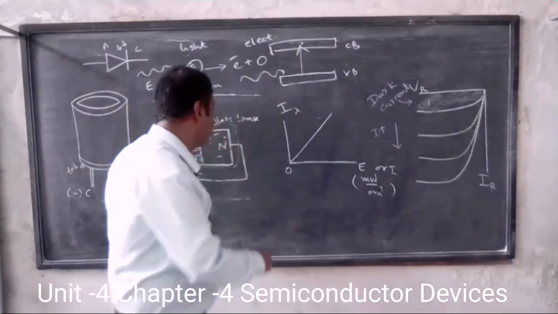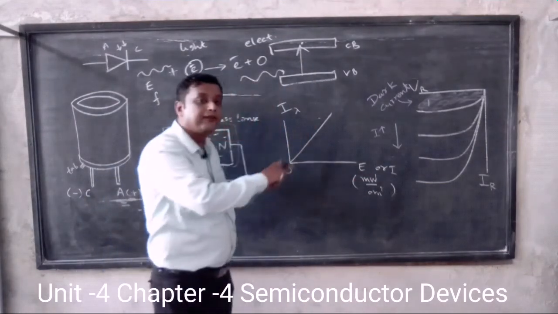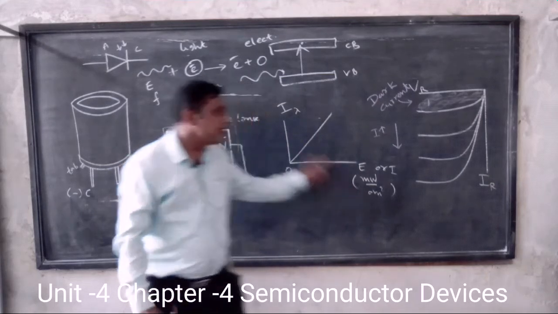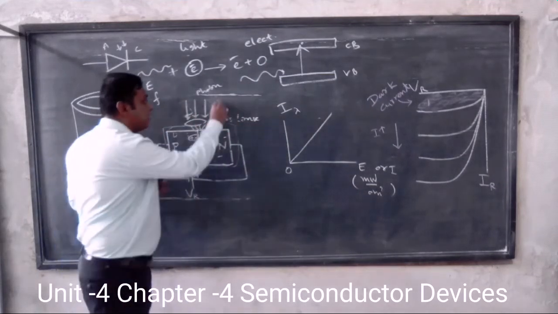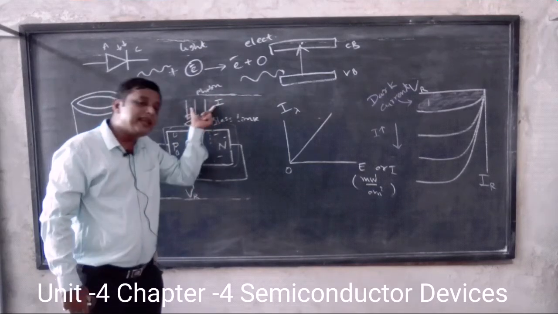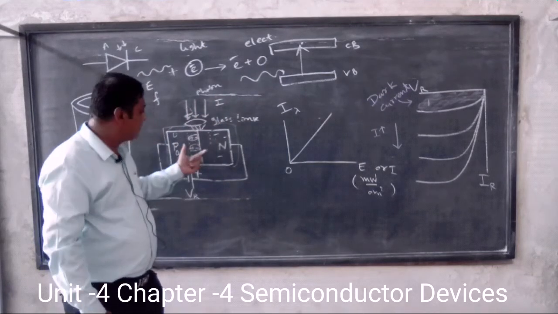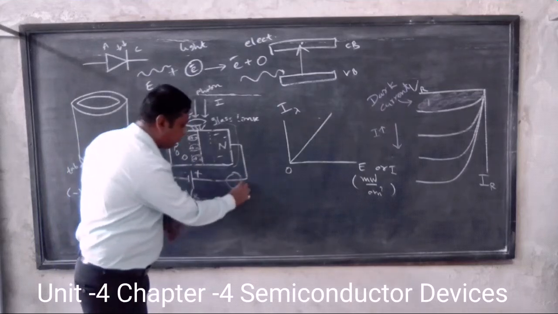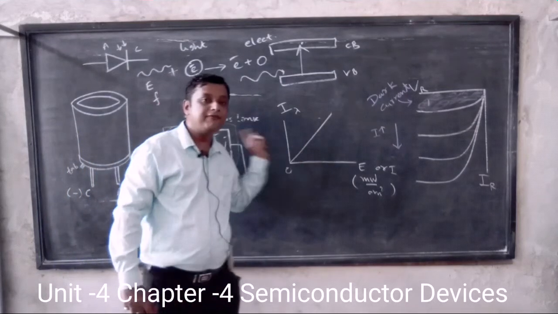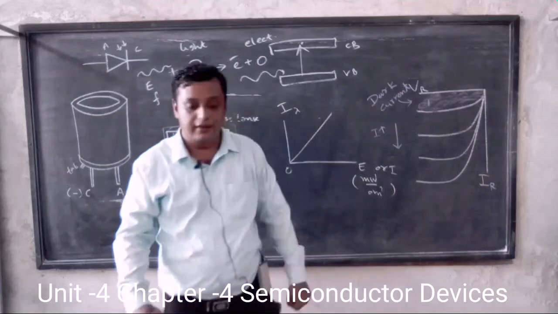So we can say that if the intensity of the incident light is increased, then the current which is generated by the photodiode, this is known as photocurrent.